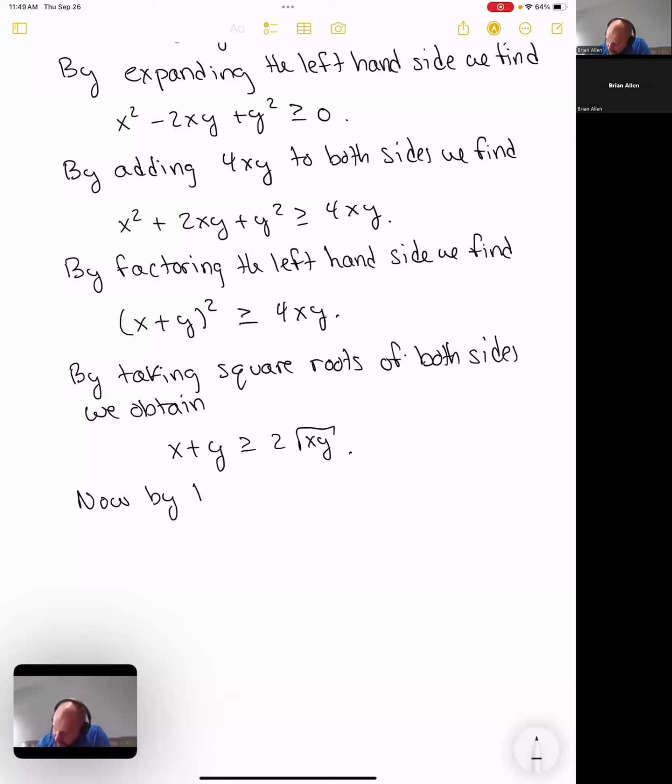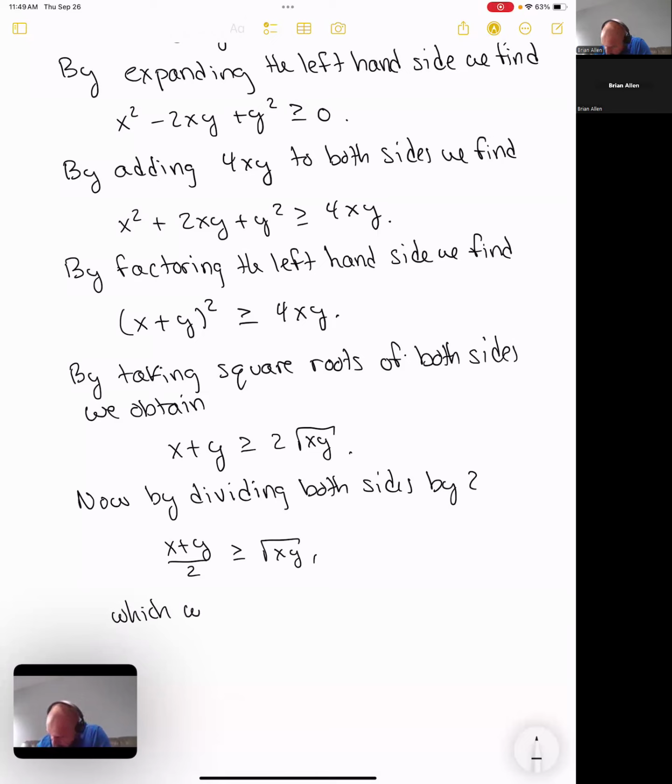So now by dividing both sides by 2, we get that x plus y divided by 2 is bigger than or equal to the square root of xy, which was what we wanted to show. So that's the end of the proof.